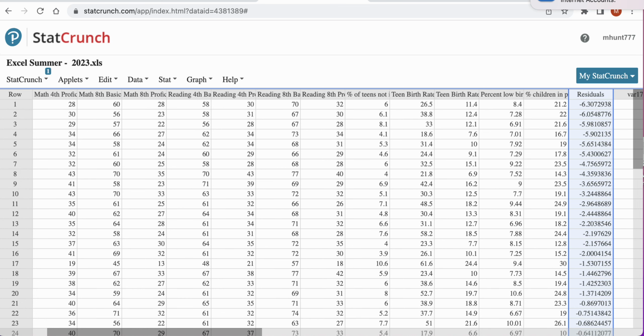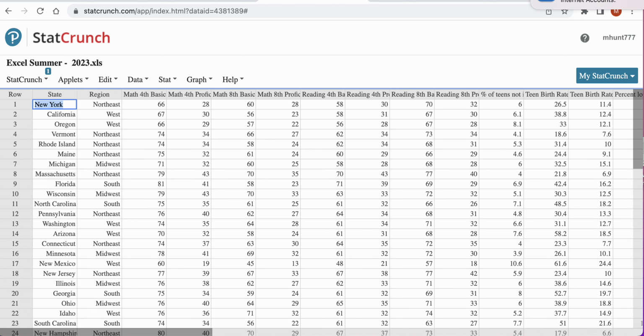The value of that residual is minus 6.3, and if you were to round that, it's a 1. And if we were to cursor over to see which state that corresponded to, it corresponded to New York, which happens to be in the Northeast.